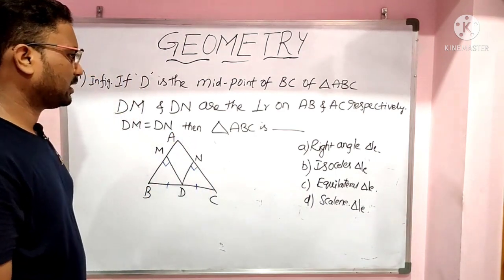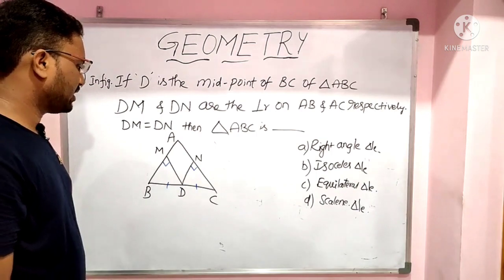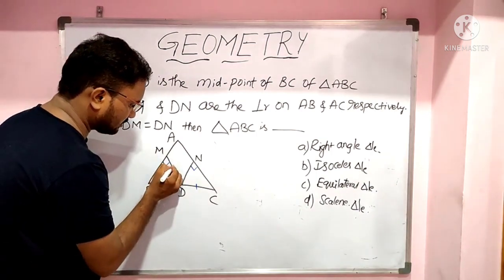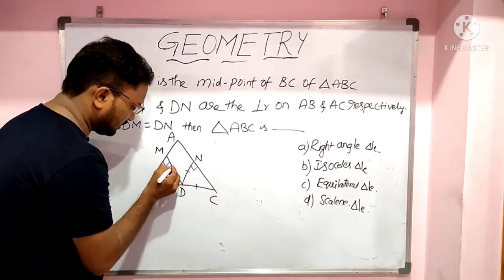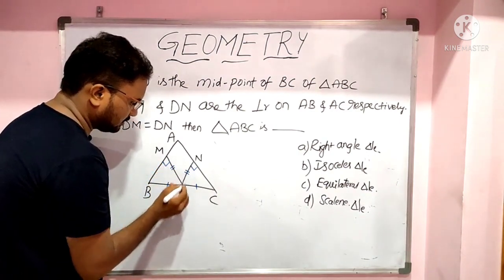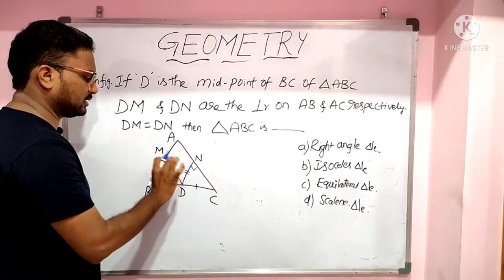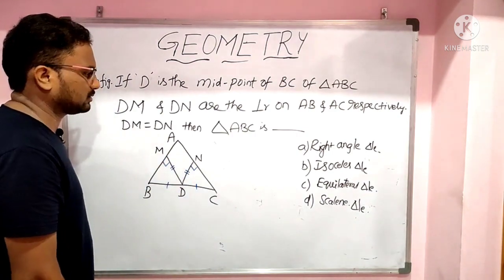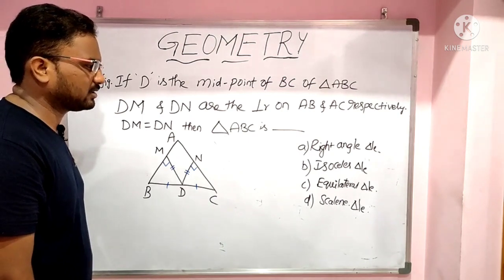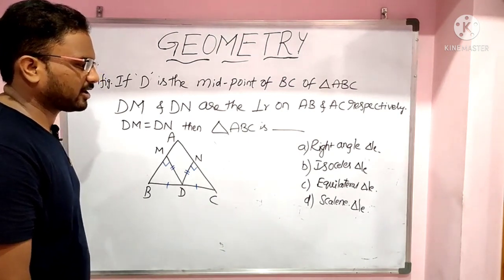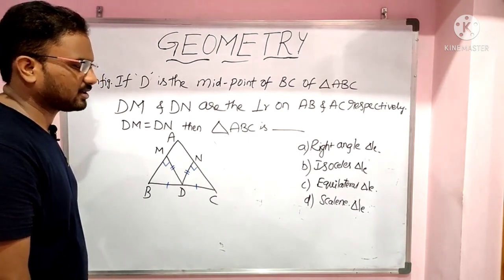And DM equals DN. Then we need to find the type of triangle ABC. Options: right angle triangle, isosceles triangle, equilateral triangle, scalene triangle.